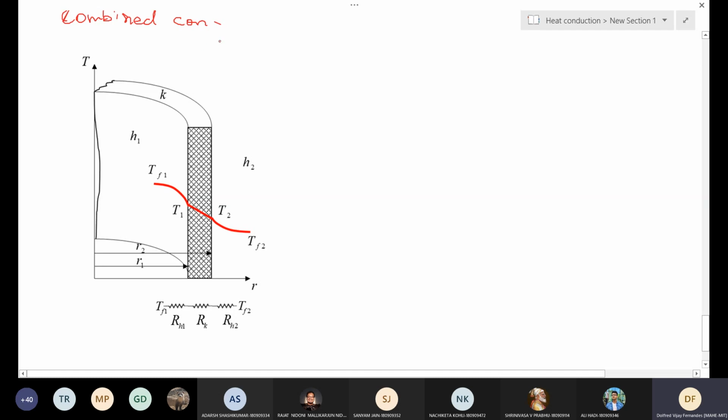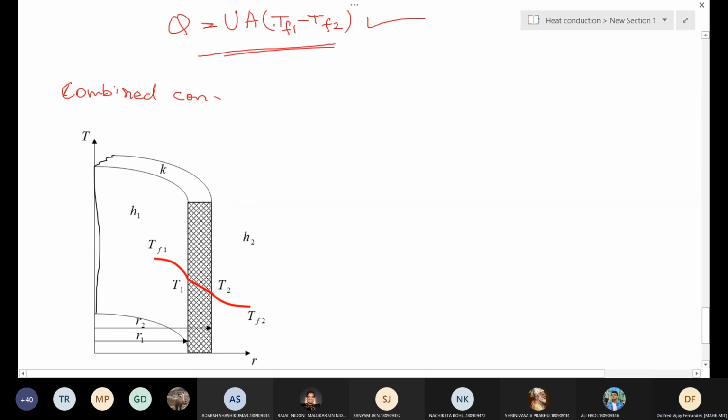So consider the cylindrical wall now. Okay. So in cylindrical wall, we have to be more careful here in case of convection resistance. Why? What is the reason? Combine conduction and convection.